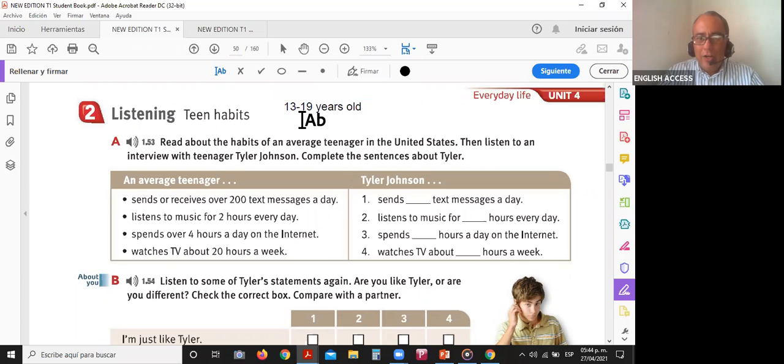So these are the teens. When you are 13 years old and you grow up until 19, you are a teenager.